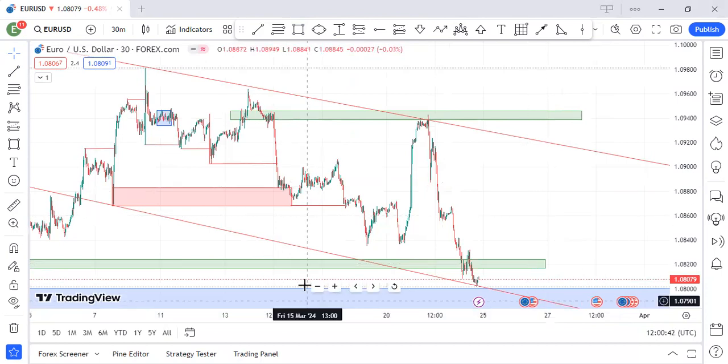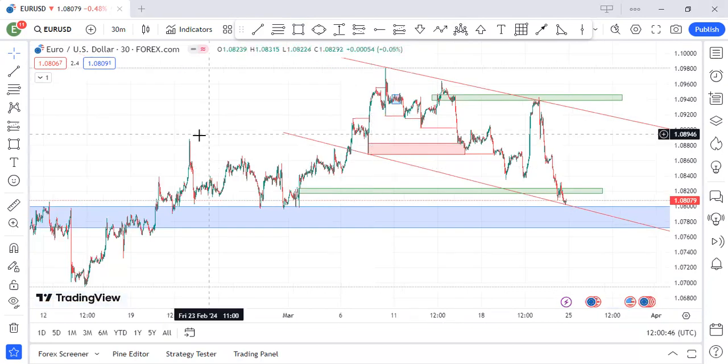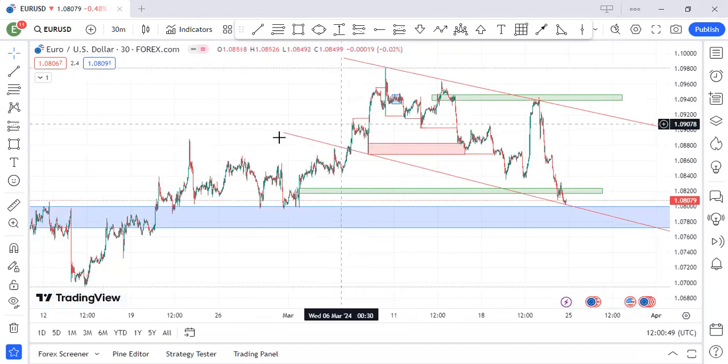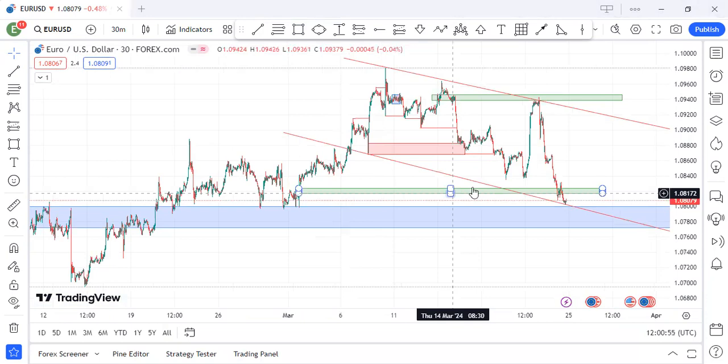You can see that's the fair value gap. So you can actually label it, but yeah, without doing that here. You know how to label your fair value gap.